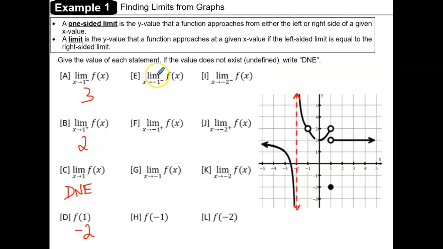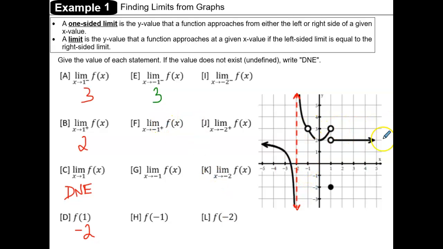We want to find the limit of f of x as x approaches -1 from the left. So I'm starting over here at the left. I come along that rational function, hop over the asymptote, and now here I come approaching -1 in the x direction, and I end up at this open circle at y equals +3. So the limit is going to be +3 coming from the left toward -1.